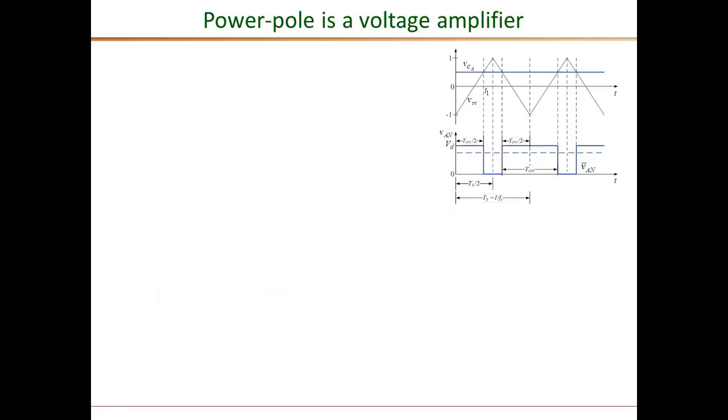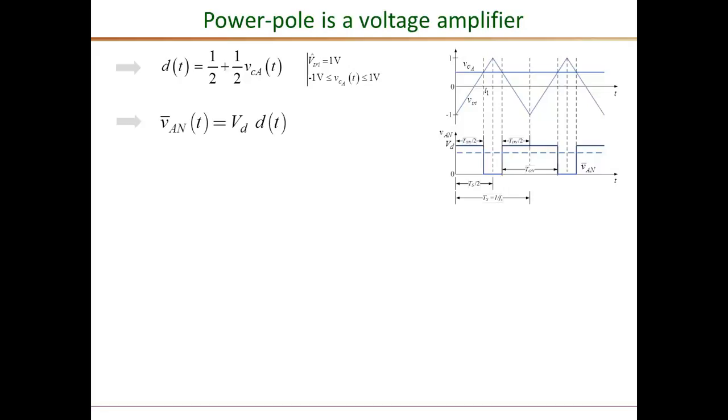So now we can use this relationship and our earlier derivation of the relationship between D and the feedback controller's output, the control voltage VCA, to show that the power pole is really a voltage amplifier. This is what we derived, the relationship between D and VCA: D of T instantaneously is 1/2 plus 1/2 of the control voltage.